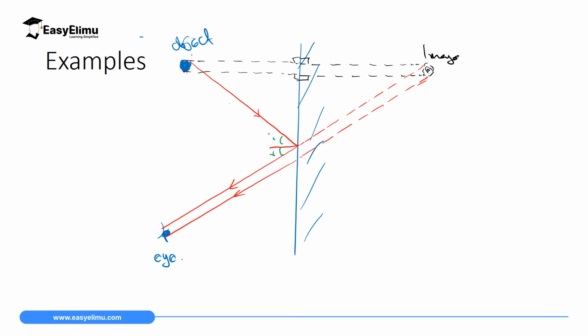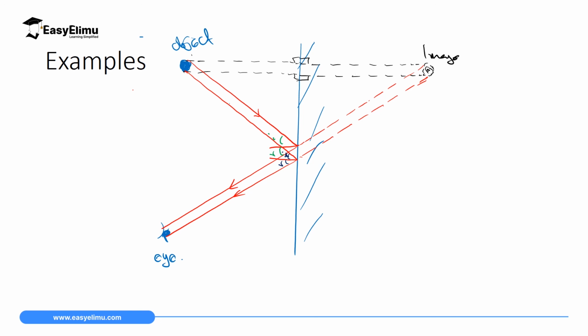So make sure when you are drawing this, you use a ruler. So this ray will come like that. Then in this case, the angle of incidence is also equal to the angle of reflection. This is our I, and this is our R.